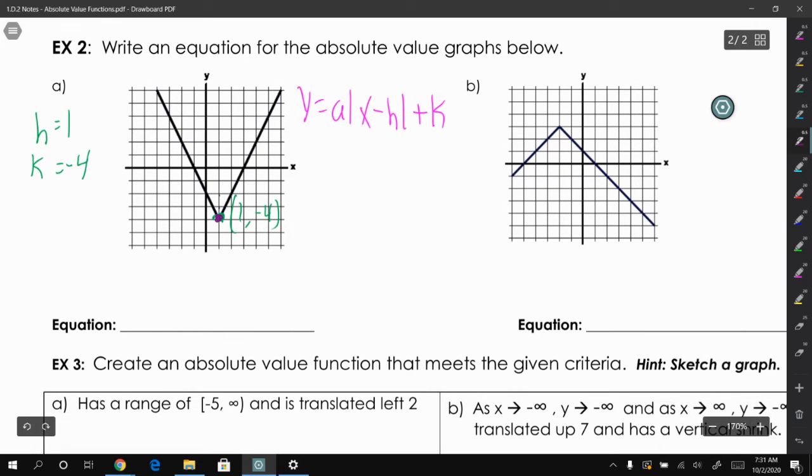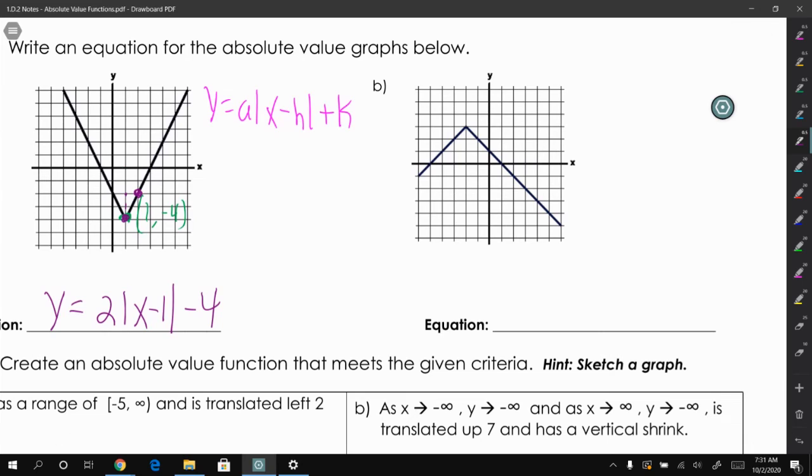So see, if I go up 2 and right 1, I'm on the absolute value graph still. So my a value is positive 2, which makes the equation y equals 2 times the absolute value of x minus 1, minus 4.